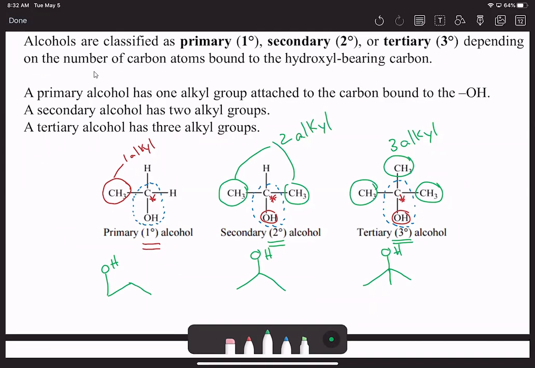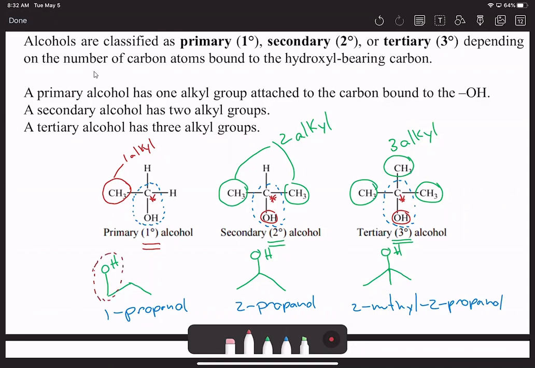So here we're going to have 1-propanol. This is going to be 2-propanol. And this is going to be 2-methyl-2-propanol.